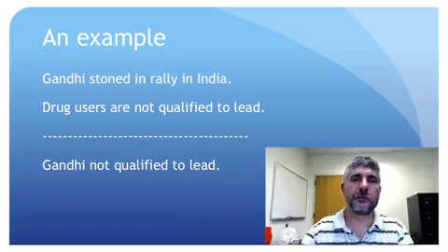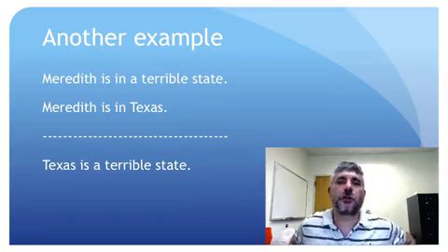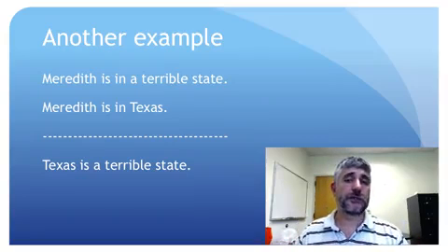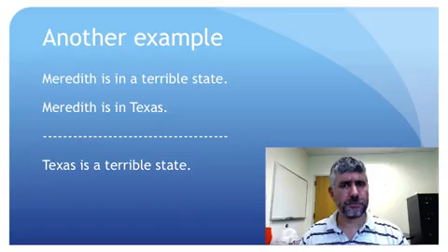Here's another example of how semantic ambiguity can give rise to a fallacy. So consider this argument. Meredith is in a terrible state. Meredith is in Texas. Therefore, Texas is a terrible state.